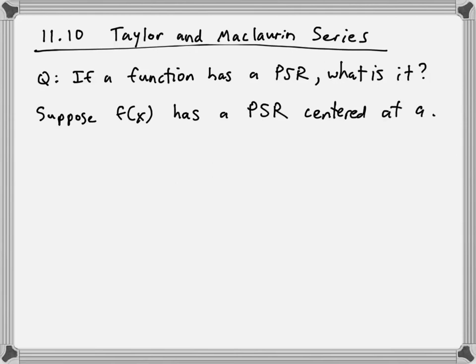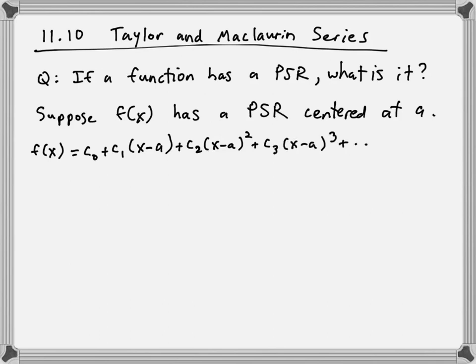What that means is that f of x is equal to c naught plus c1 times x minus a plus c2 times x minus a squared plus c3 times x minus a cubed, and it goes on.